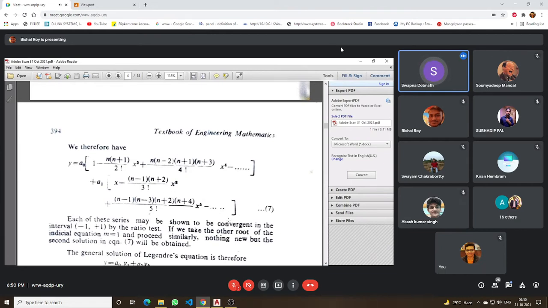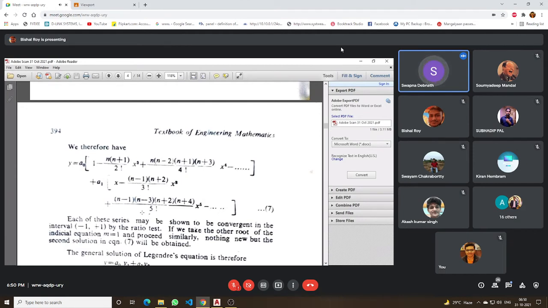Therefore, Legendre equation reduces to two parts. One is a polynomial, another is an infinite series for n even. This polynomial is known as Legendre polynomial. Again, if n is an odd number, then what happens?